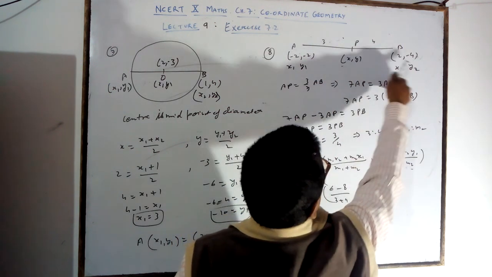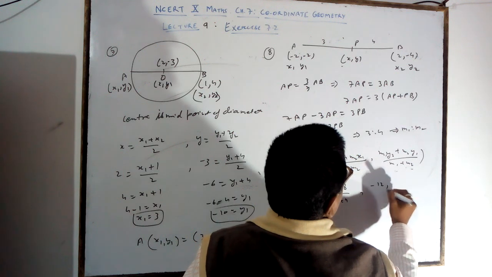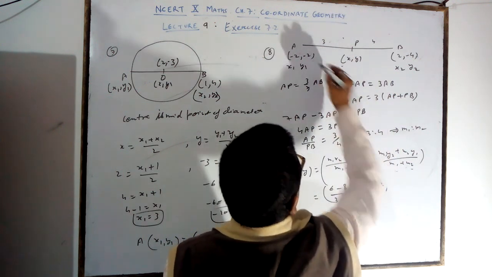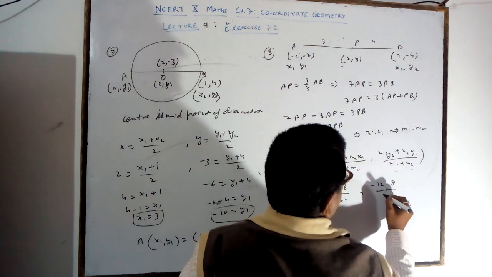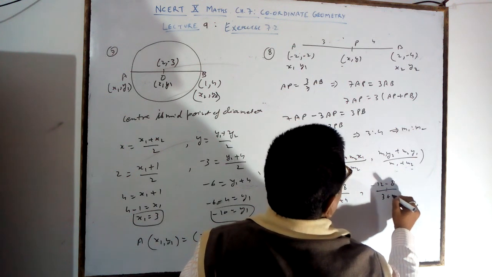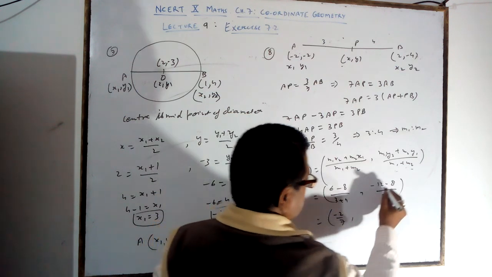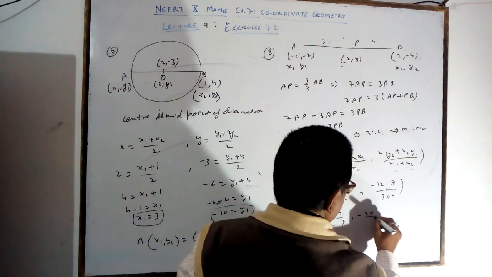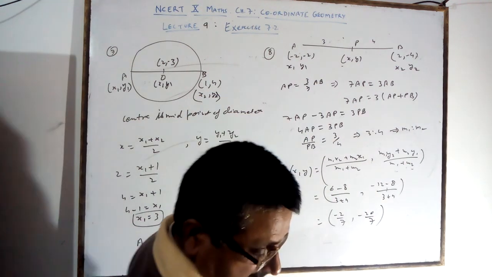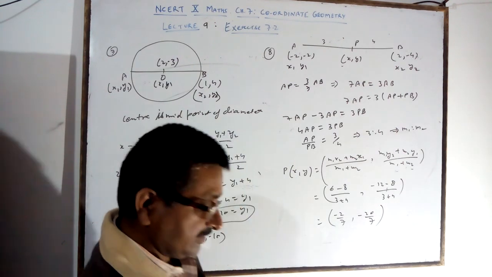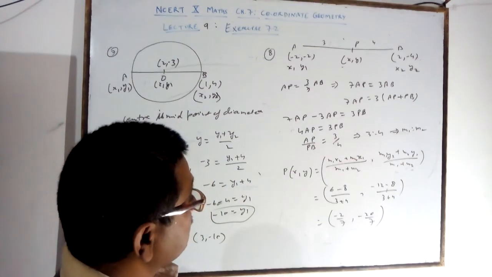Comma. 3 into minus 4 is minus 12, 4 into minus 2 is minus 8, upon 3 plus 4. What are you getting? Minus 2 by 7, comma, minus 20 by 7.